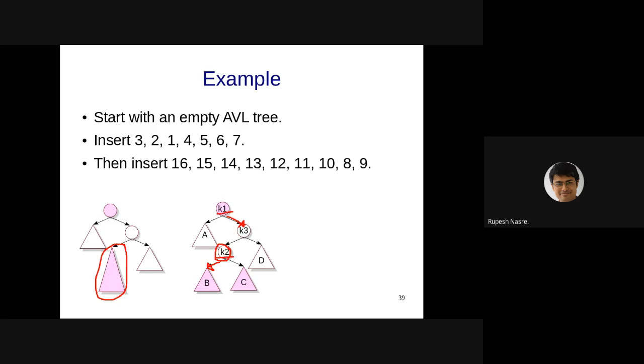When we had added 7, 16, and then 15, when we did the right rotation first for 15 and 16, then 15 became the root, 16 became the right child. So the path became 7, 15, 16, all on the right path. In a similar manner here, K1, K3, K2 is a right-left path, but we convert it into a right case when we right rotate K2. Therefore, it becomes K1, right child K2, right child K3.